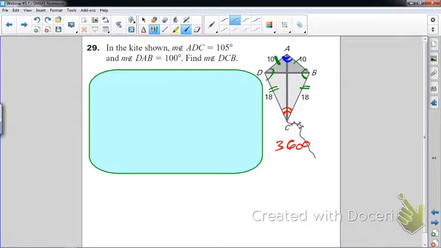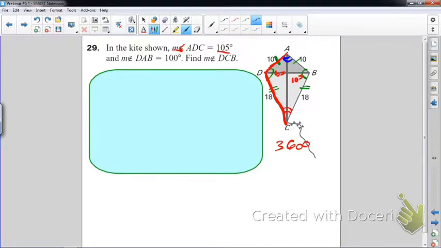So let's see the information that's given to us. It says, in the kite shown, okay, to the right hand side, as you can see, it says measurement of angle, this should be angle by the way, A, D, C, so we have A, D, C, that's 105, so this one's 105, so angle B is also going to be 105, which is good for us.